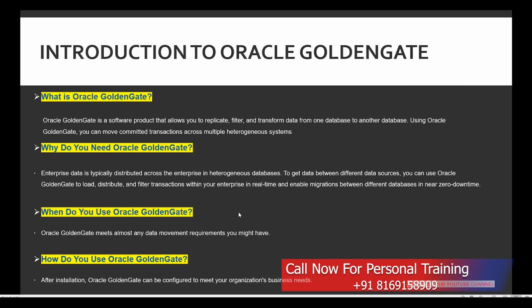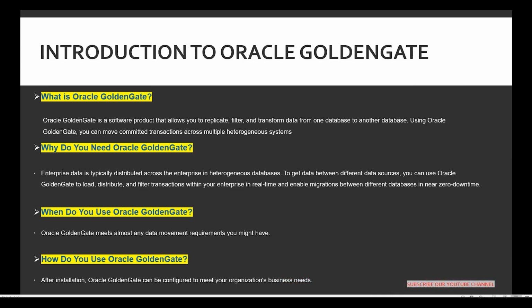Enterprise data can be distributed across multiple heterogeneous locations or multiple heterogeneous databases. So we can avoid downtime by setting up replication between the two different databases, with Goldengate running in between. It will act as an interface to perform the replication.